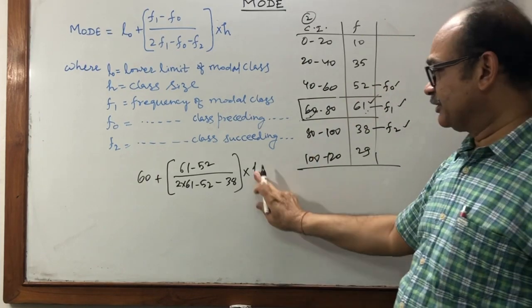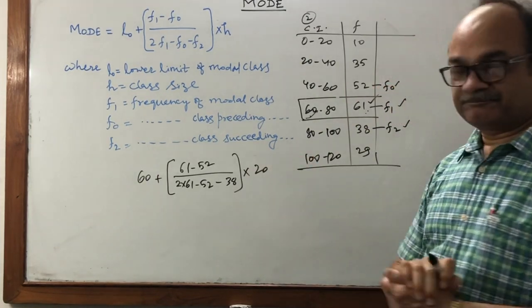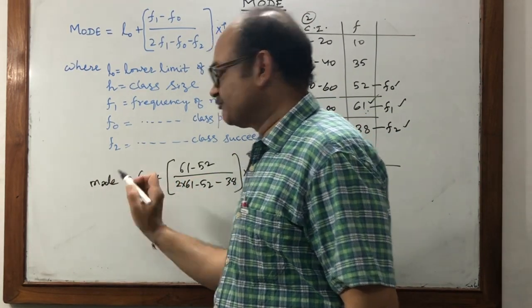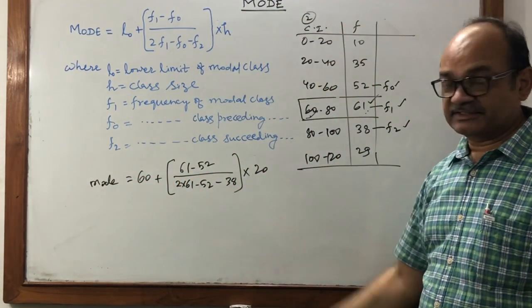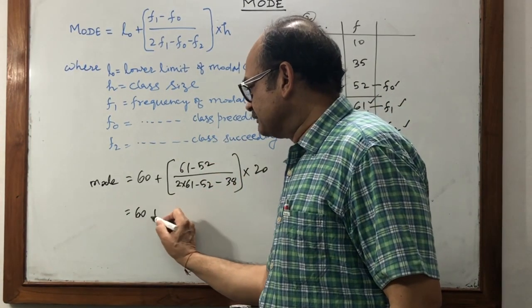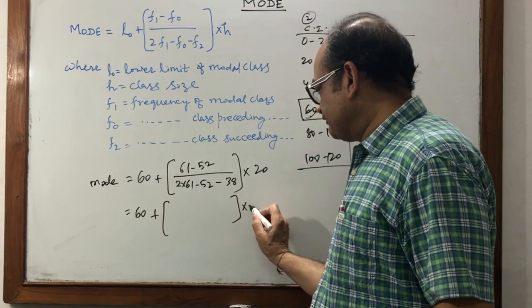The width equals to given 20. This is called the calculation for simple calculation for the mode. Now calculation is important thing, don't open the bracket. First, leave it as it is.